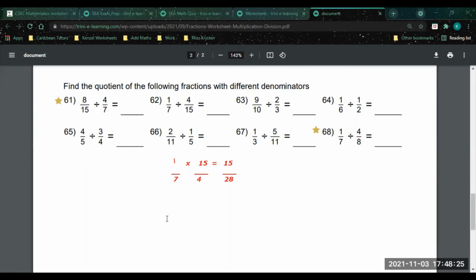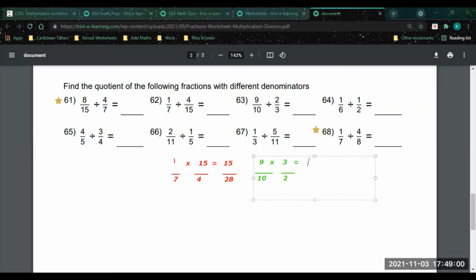This one here, sorry, I should probably do question number 63. So 9 over 10 divided by 2 thirds is the same as 9 over 10 multiplied by 3 over 2. You actually still have nothing to cancel there.